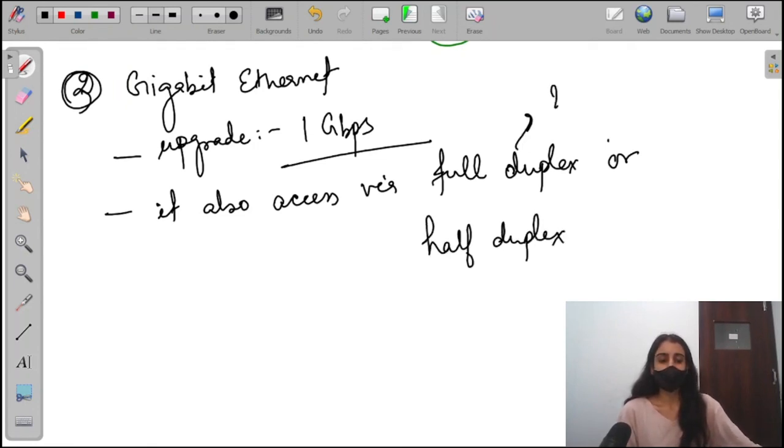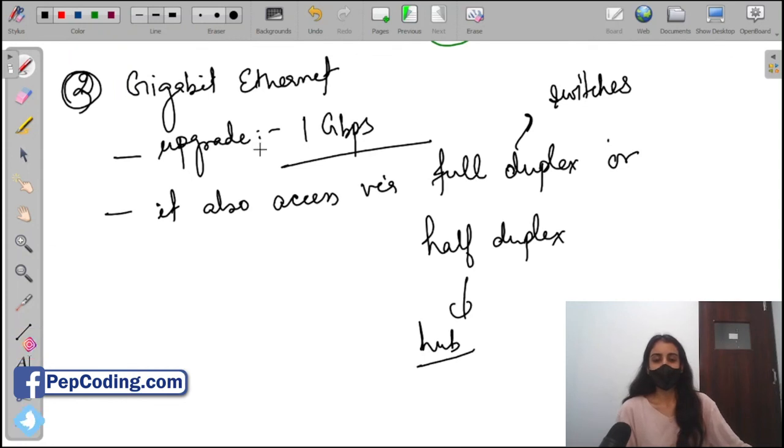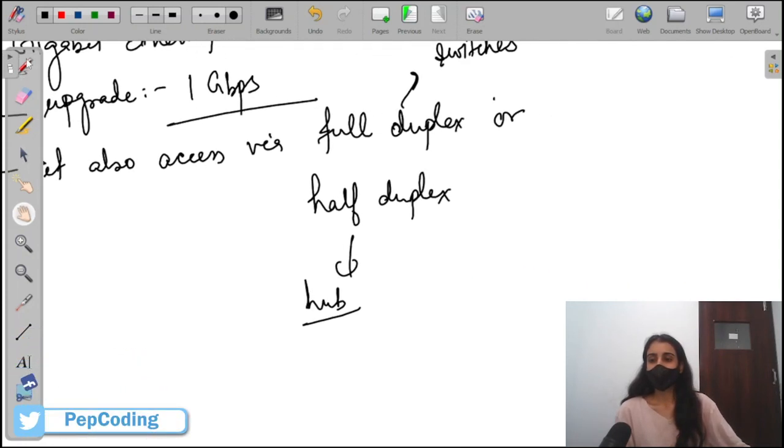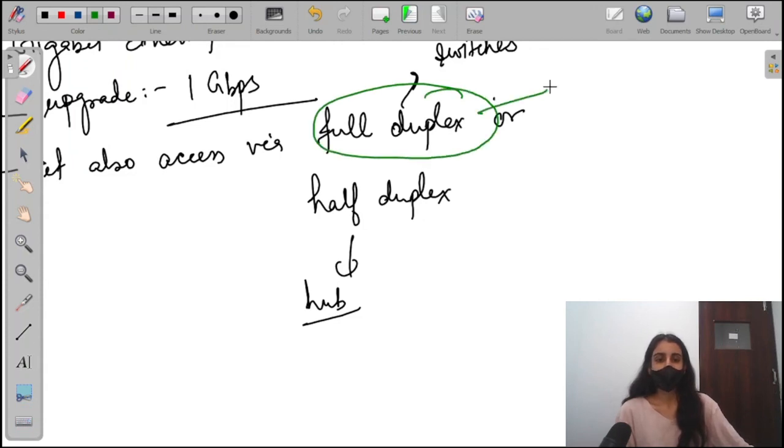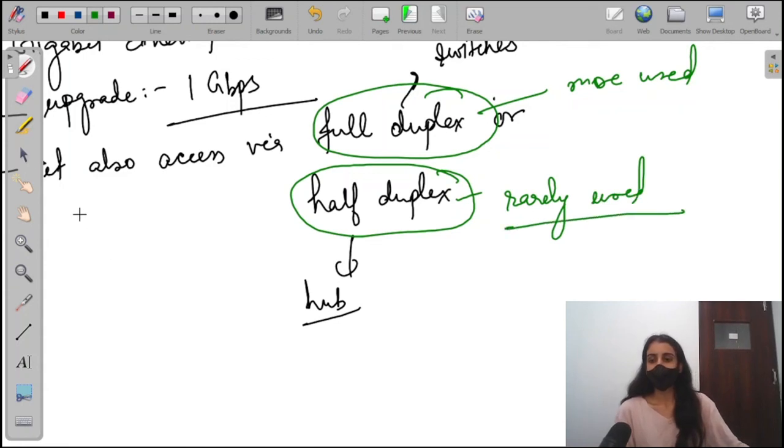Full duplex uses switches, and half duplex uses the CSMA approach. Just one thing: full duplex mode is more used and half duplex is rarely used. And it also supports auto negotiation.